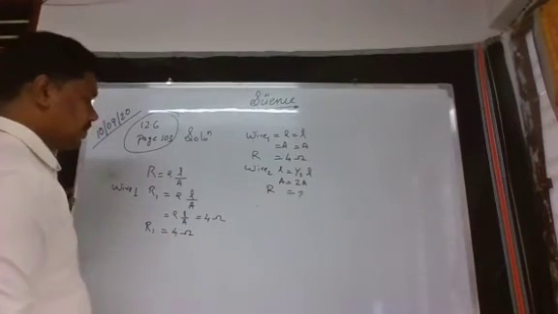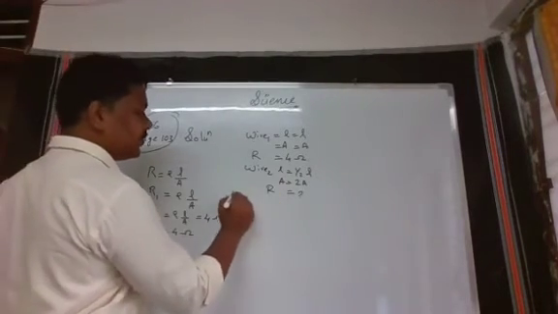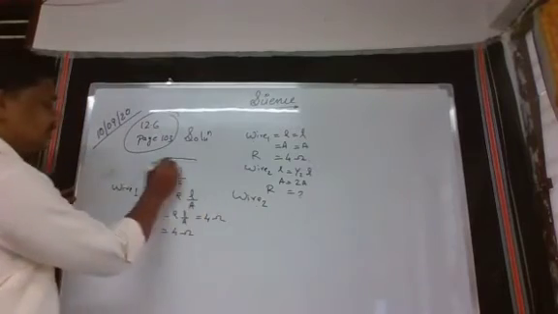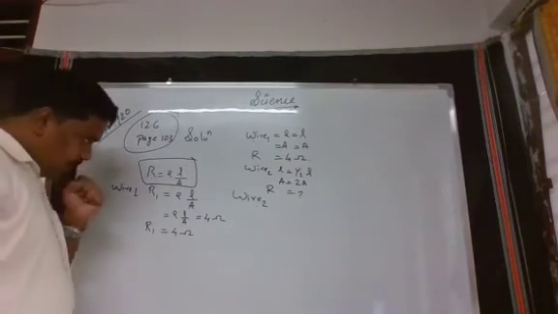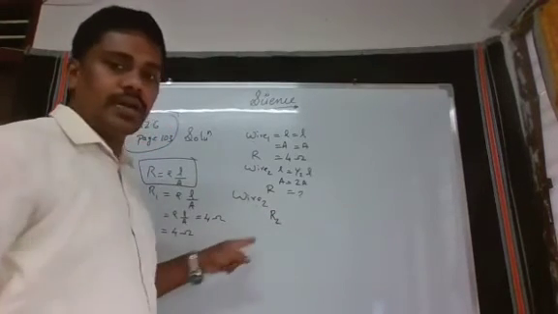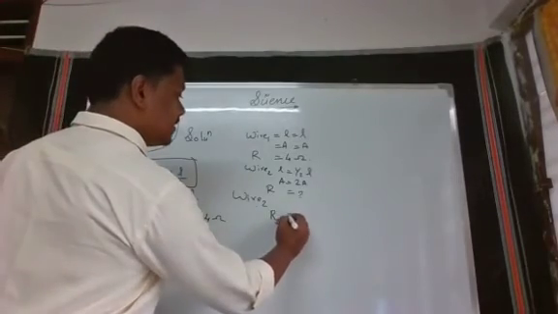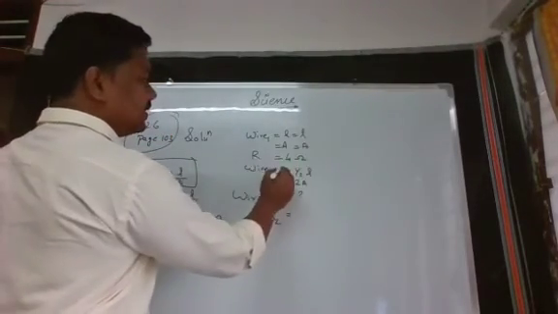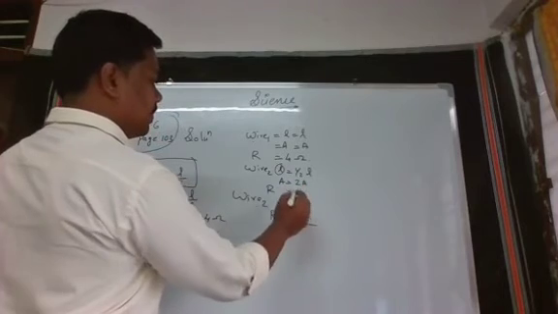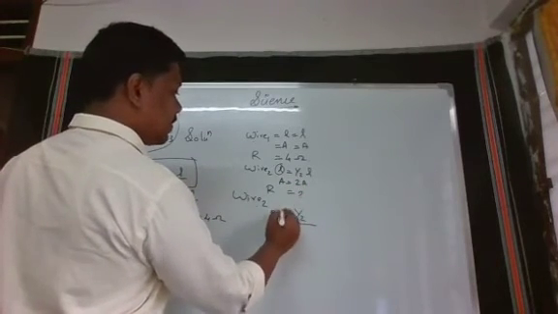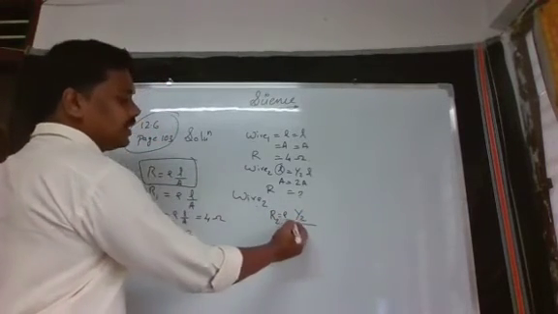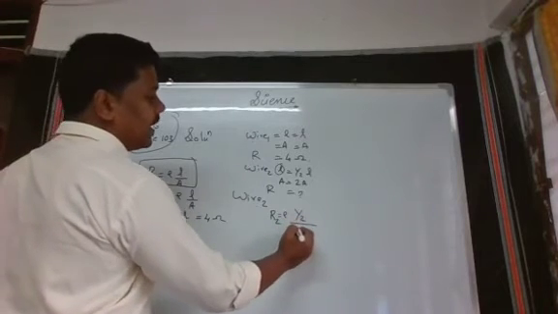Then in case of wire 2, we take the resistance as R2. We already know R is equal to rho L by A, so R2 is equal to rho L by A, where rho is the same, L is 1 by 2 L, and A is 2A.